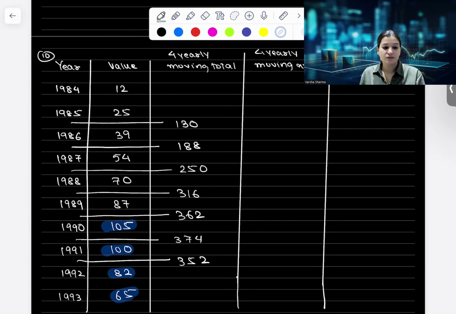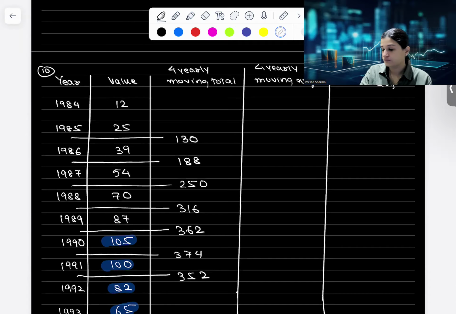Till here, any doubts? No, ma'am. Now divide each one by 4. So the first one is 32.5. Next, 47.